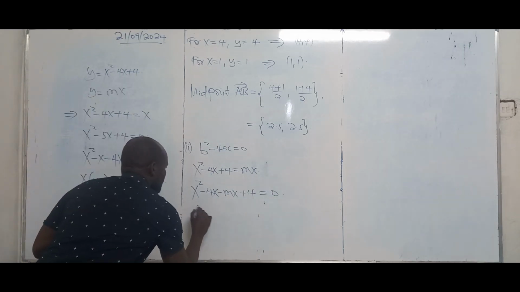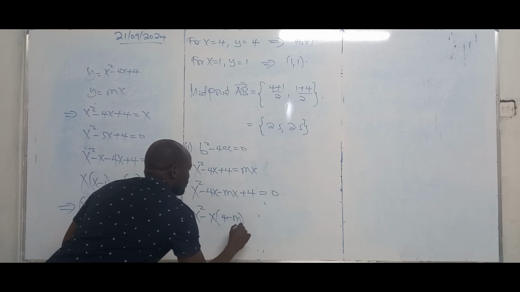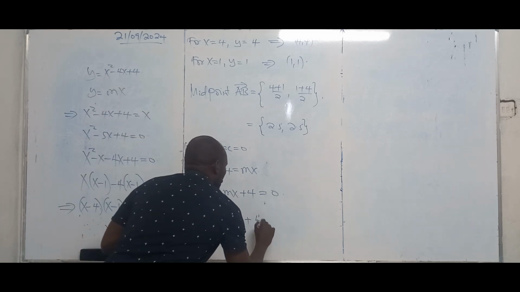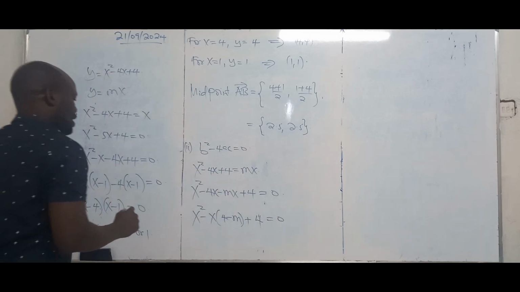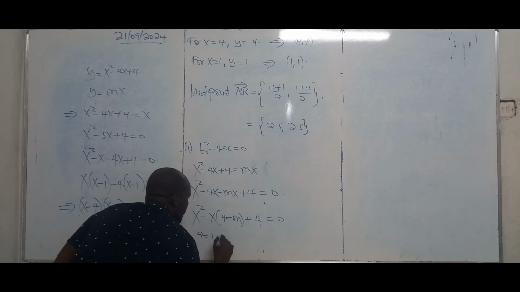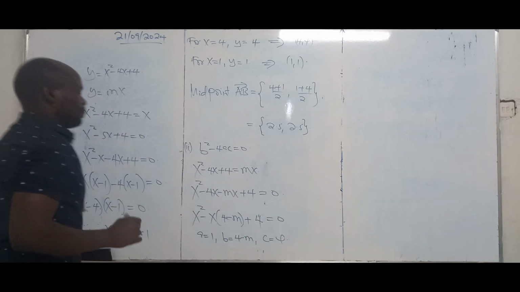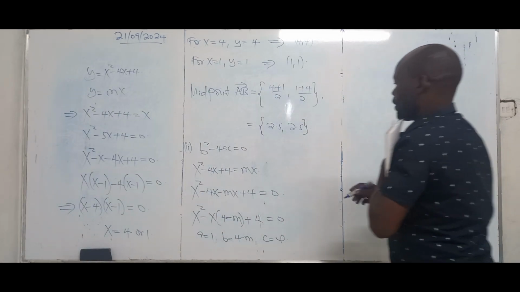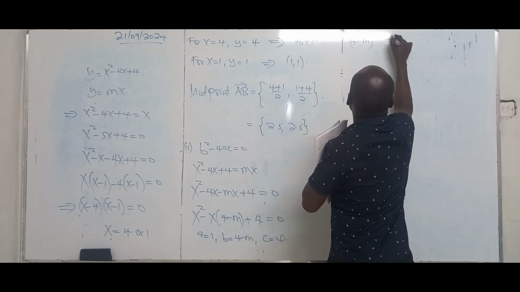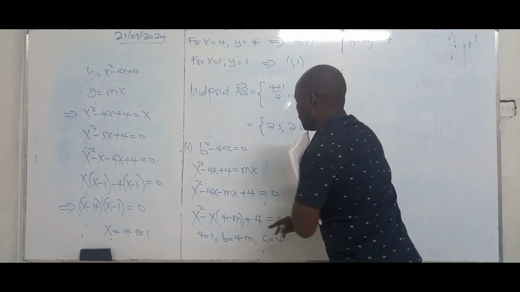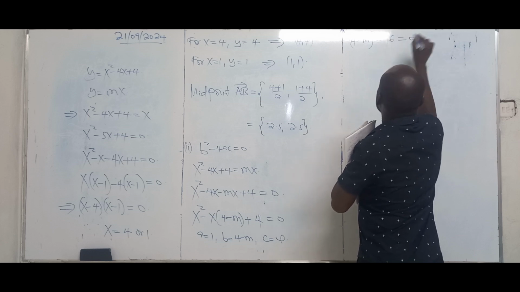So that means that x squared minus x into 4 minus m plus 4 is equal to 0. Our a is 1, our b is 4 minus m, and our c is 4. So b squared, 4 minus m squared, minus 4 times 1 times 4, which is 16, should give me 0.